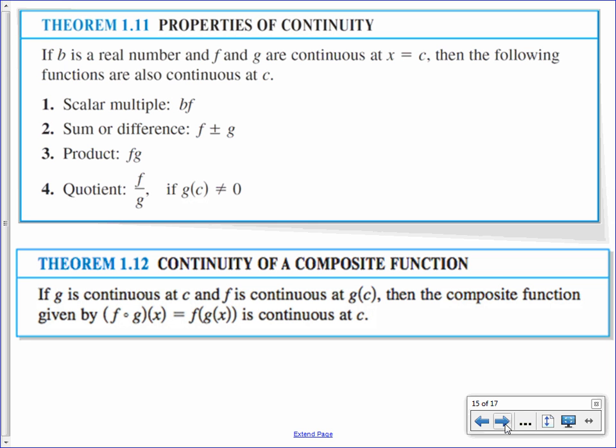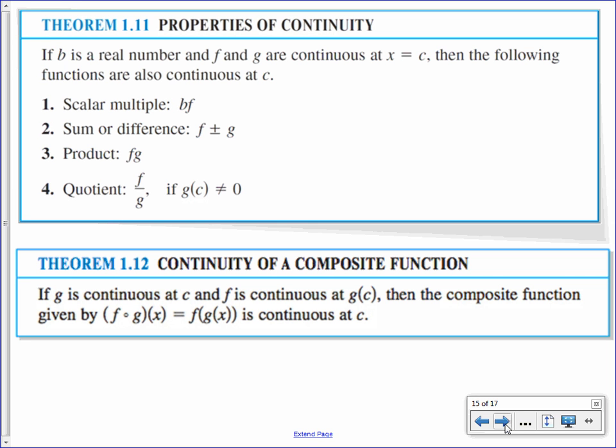If G is continuous at C and F is continuous at G of C, why are they saying G of C instead of C? The outputs of G are the inputs for F, so we have to say G of C. So as long as it's continuous as you're composing, then your composition is going to be continuous.